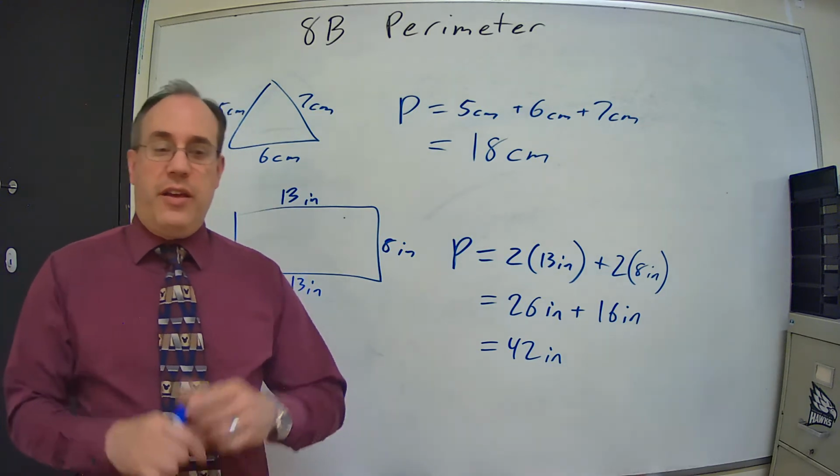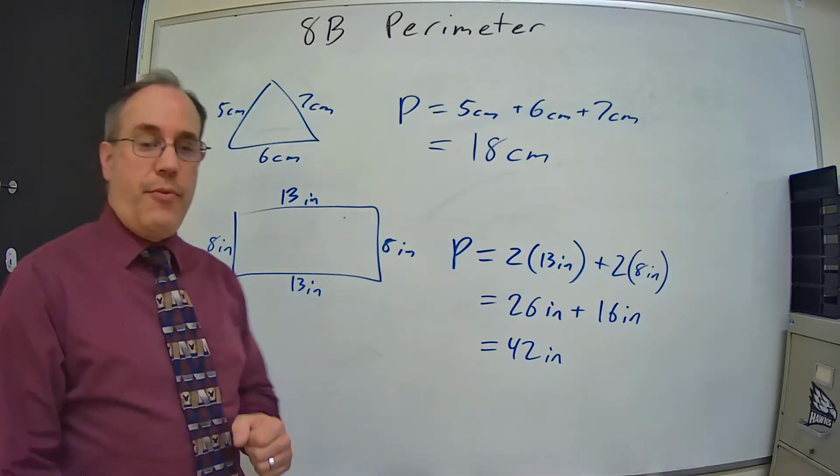So that's how to find the perimeter of a rectangle.